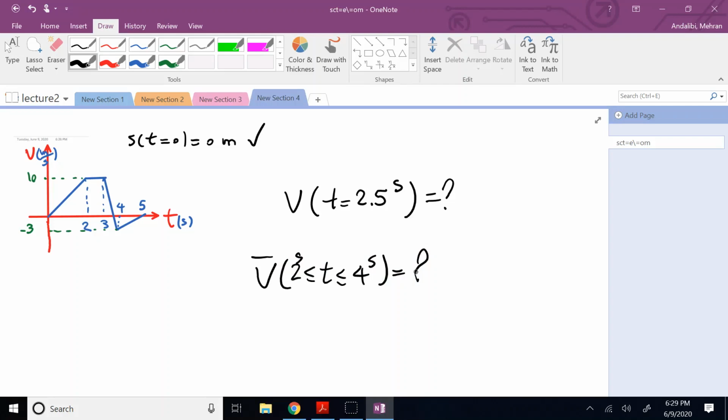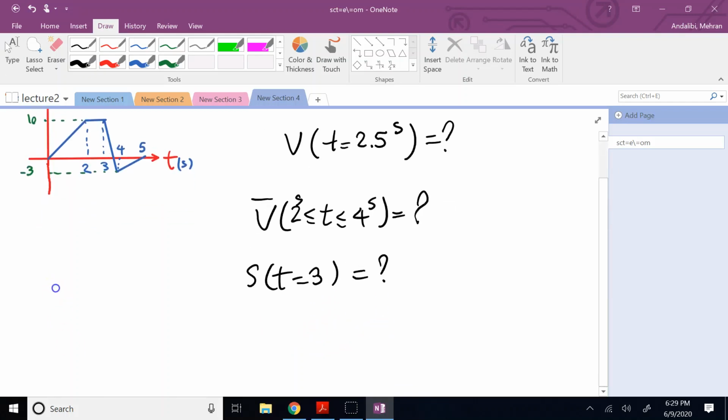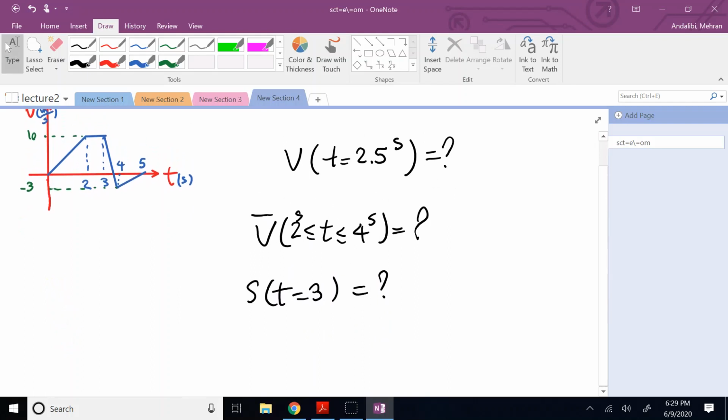Then I say, what is the position at time equal 3?